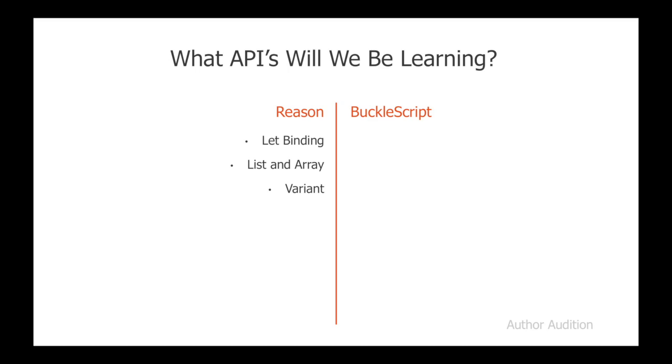Now in BuckleScript, we'll be learning how to apply JavaScript functions to Reason data structures. And let's not forget existing JavaScript codebases are a thing, so we'll learn how to call JavaScript functions from our Reason codebase.